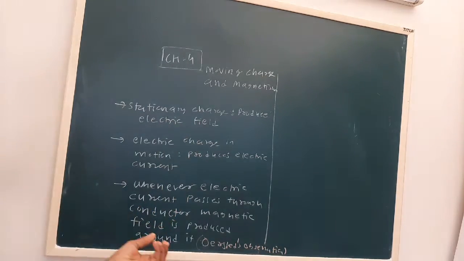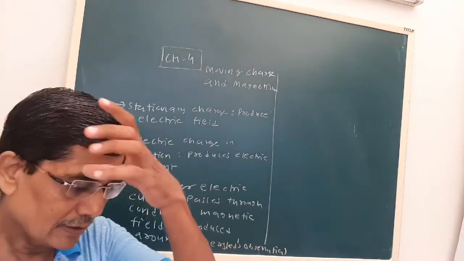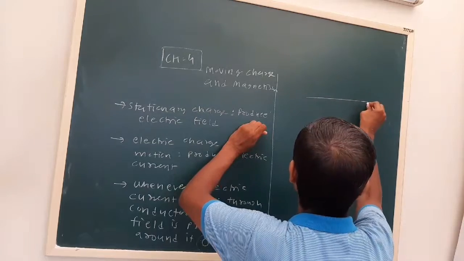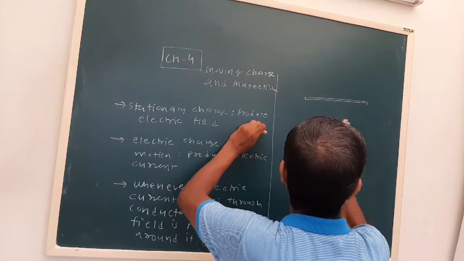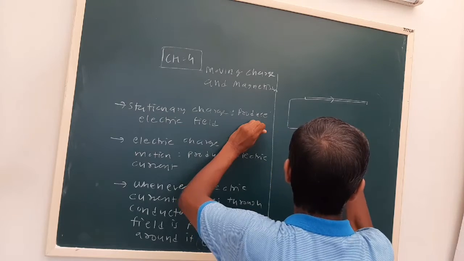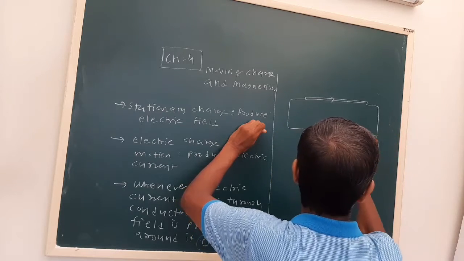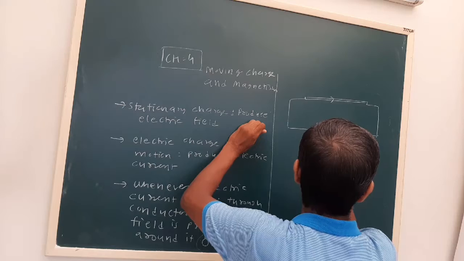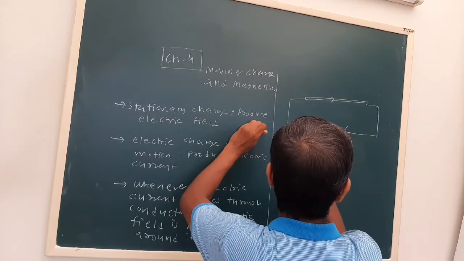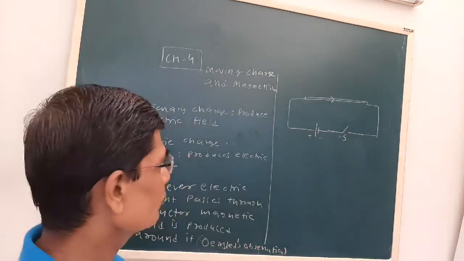Now see the basic principle you studied in the 10th standard. Suppose there is a conductor. We connect it with a battery and a switch like this. Initially the switch is open.